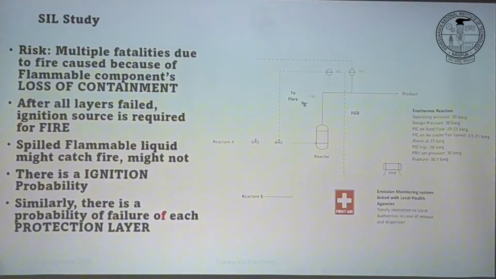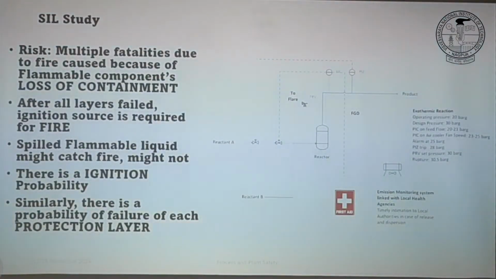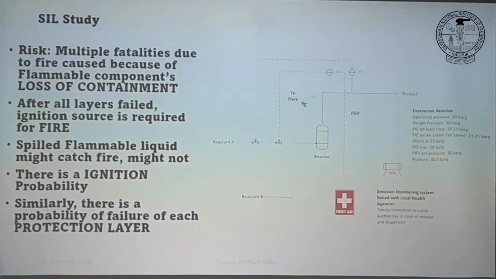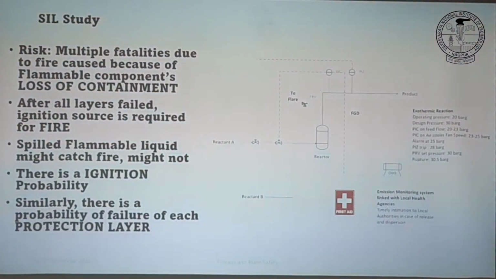So sometimes everything failed. You have liquid gasoline or whatever in this tank came out, but still you could be fortunate enough to not catch fire, as long as it's not at auto ignition temperature.